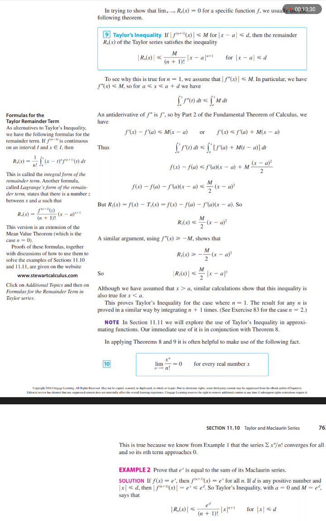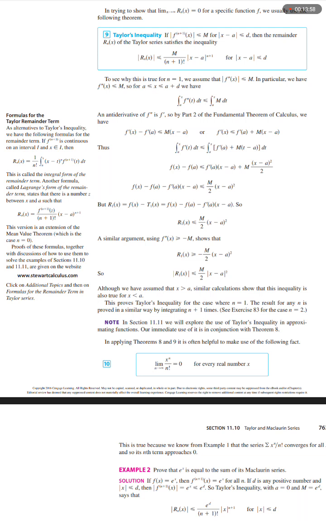So the absolute value of big R sub 1 of x is less than or equal to big M over 2 times the absolute value of x minus a squared. Although we have assumed that x is greater than a, similar calculations show that this inequality is true for x less than a.